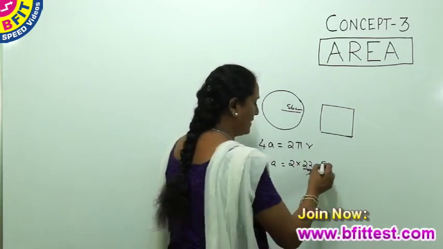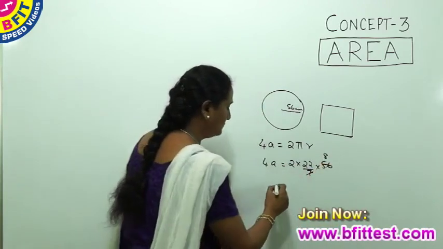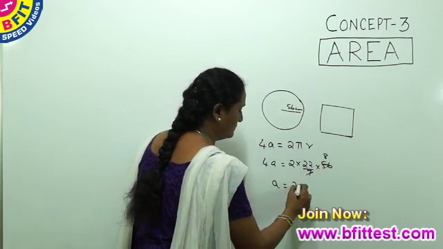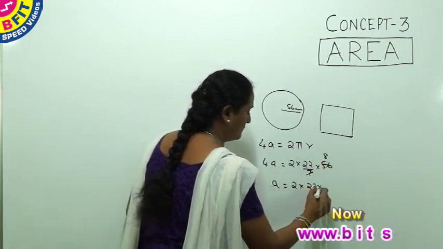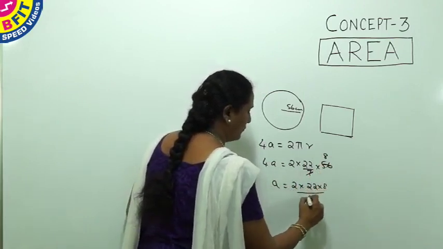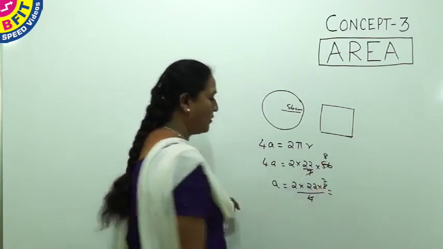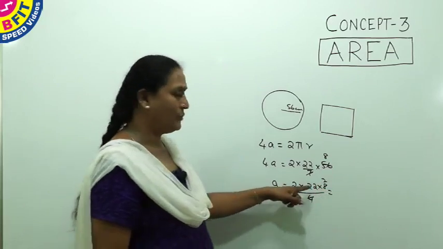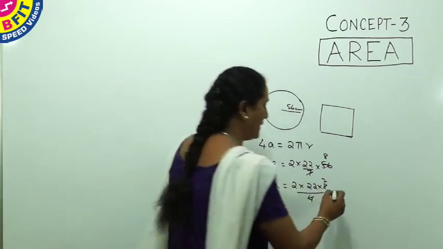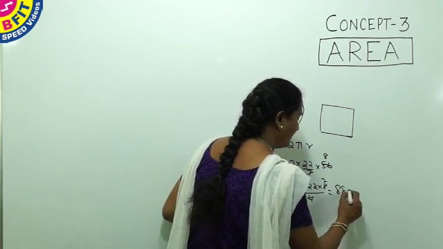Now simplifying this, 8 by 4. Now cancelling this, what is the side of the square? 2 into 22 is 44, into 2 is 88. That is the answer.